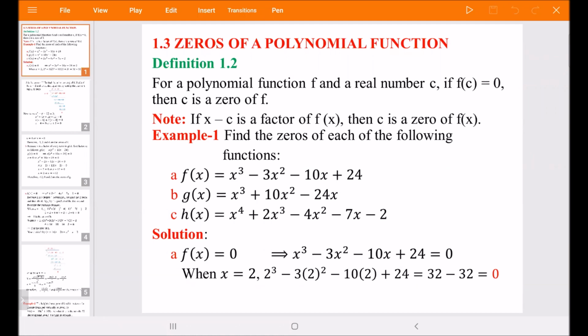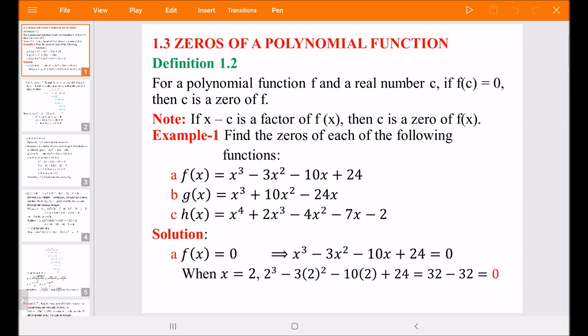Today we are going to see zeros of a polynomial function. Actually, you have seen the solution for linear and quadratic functions in grade 9 mathematics. These two functions, quadratic and linear, are again specific cases of polynomials, because a linear polynomial is a degree 1 polynomial and a quadratic is a degree 2 polynomial.